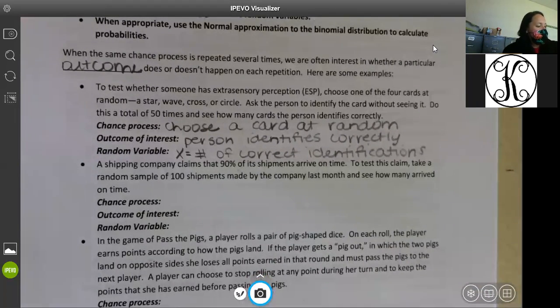So then if you look at the next one, a shipping company claims that 90% of its shipments arrive on time. To test this claim, take a random sample of 100 shipments made by the company last month and see how many arrived on time. So what's your chance process? And the other one, it was choosing the card. So what are we doing in this one? What are we choosing?